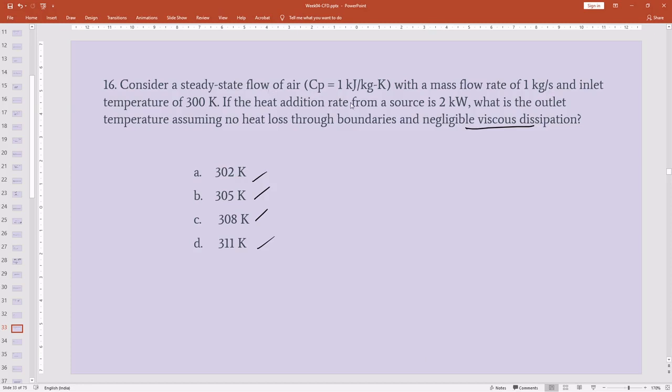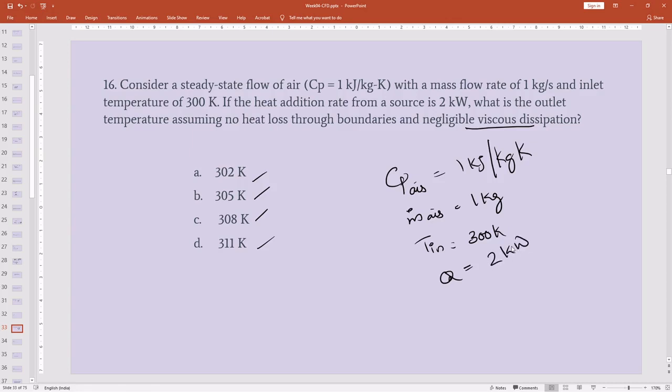Let's try to solve the problem. We have Cp for air, that is 1 kilojoule per kilogram Kelvin. Then the mass flow of air, then the inlet temperature T in, that is directly given in Kelvin, and also the heat addition Q is equal to 2 kilowatt.